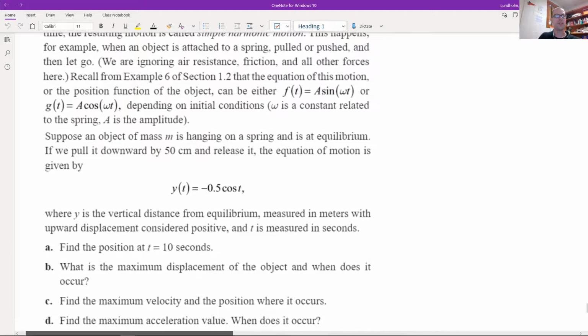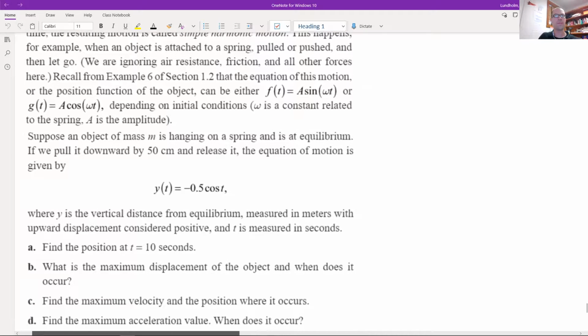I'm going to scoot this over a little bit so we have some room to write over here. But let's just go A through D real quick and try to get some short answers to this. All right, part A. Find the position at 10 seconds. Well, we're already given a position function.